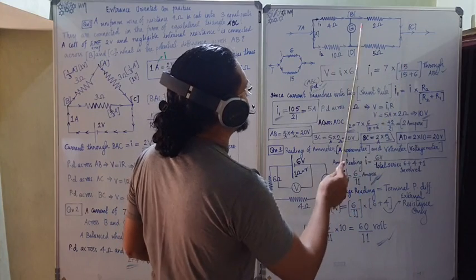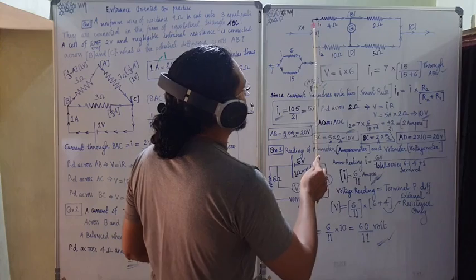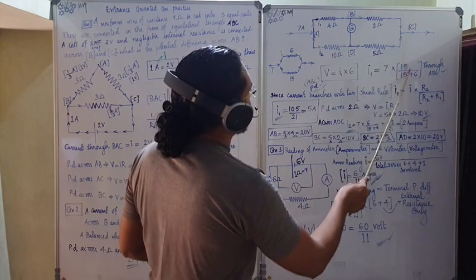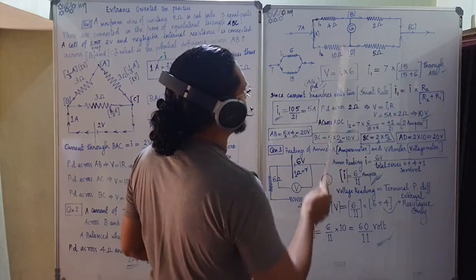What's the proportion on the other side? That means I1 is equal to the current into the other side whole resistance by the total resistance.